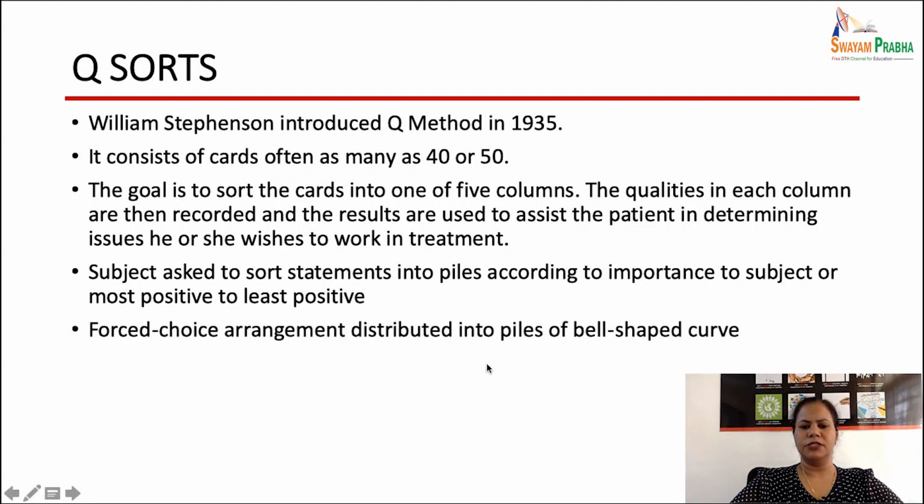In a forced choice arrangement, cards are distributed into piles of a bell-shaped curve, and they are asked to put more cards in the center and fewer cards in the surrounding areas, so that you get a bell-shaped curve. There they really have to think about which card has to go where, which can give us information about which particular type of psychological problems they are going through.